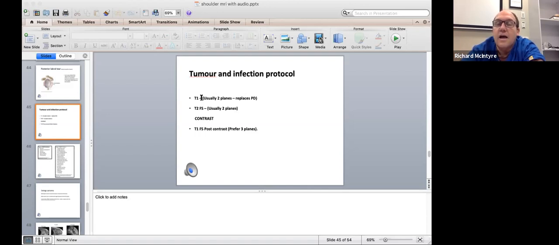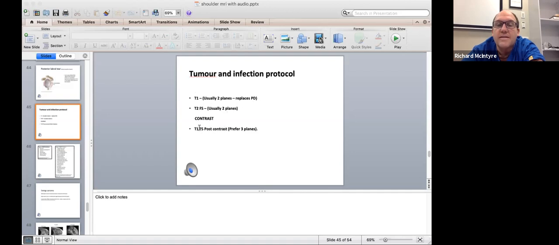You need a T1 pre-contrast, but you can do proton density as well, and T2 fat sat or proton density fat sat. Okay, you don't do T2 fat sat and proton density fat sat because they essentially show you the same thing. Then we give contrast. We do a T1 fat sat post-contrast.